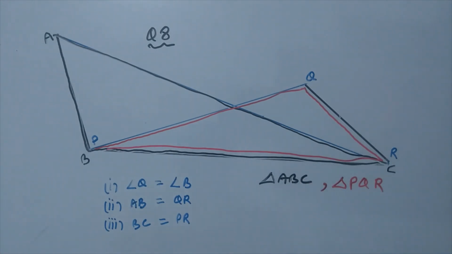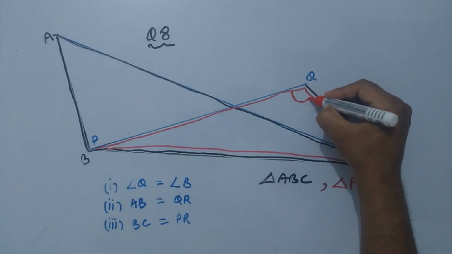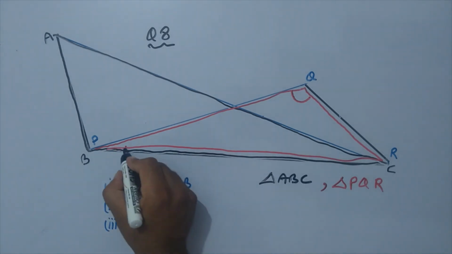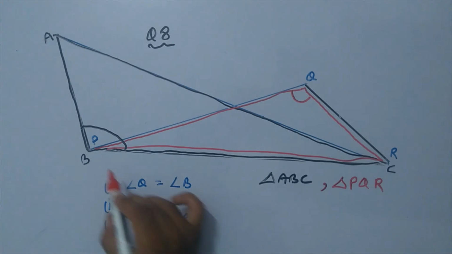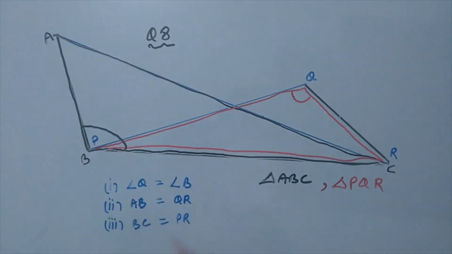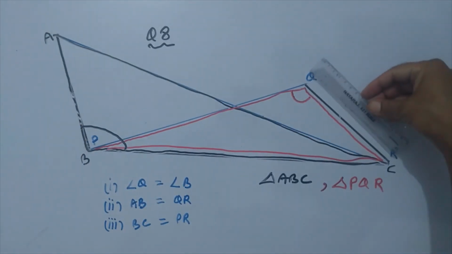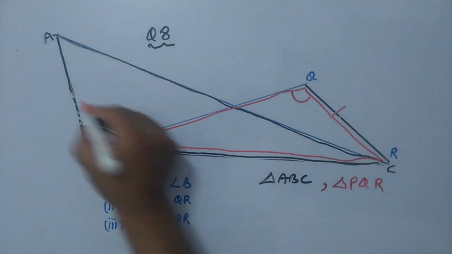Second triangle is triangle PQR. Here what we see, number 1, angle Q equal to angle B. This is angle Q and this is angle B. They are same. AB equal to QR. AB is equal to the length of the scale, and this is also equal to the same scale, so this side is equal to this side.